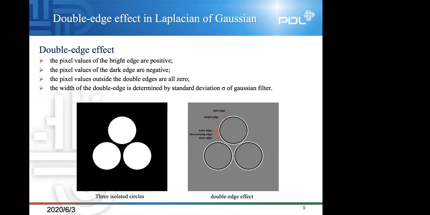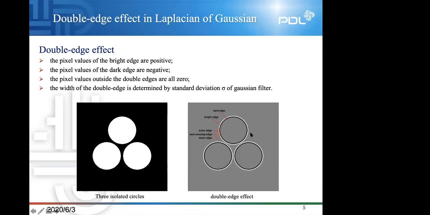In order to make the exposition clear and intuitive, we draw 3 isolated circles. After performing LoG, double widened edges appear in the image, and the pixel values of the bright edge are positive, and those of the dark edge are negative. The areas outside the double edges are all 0.